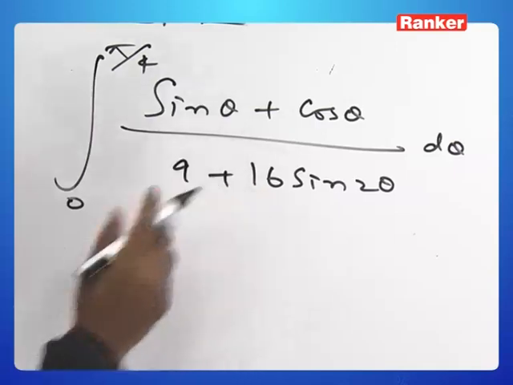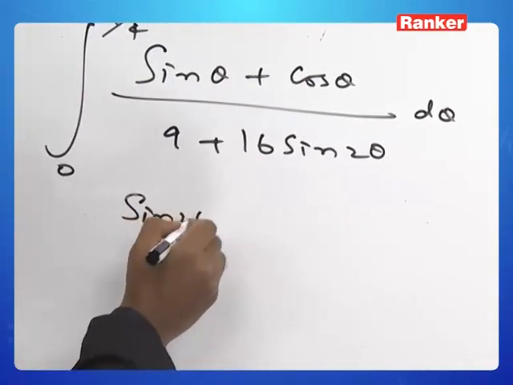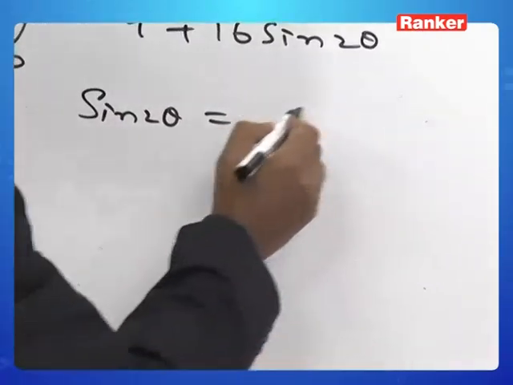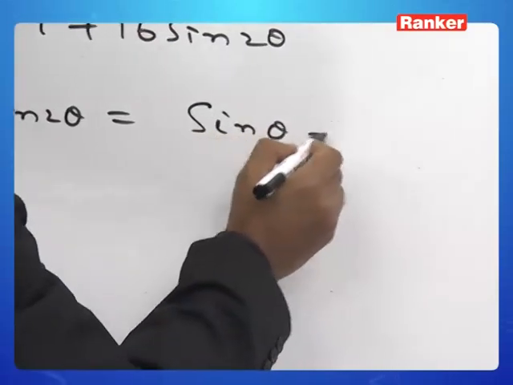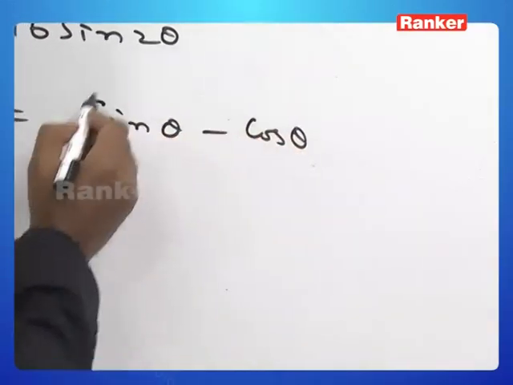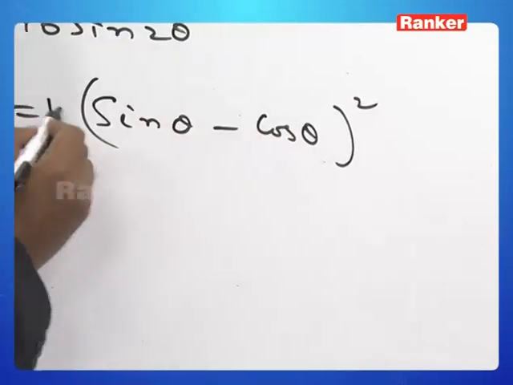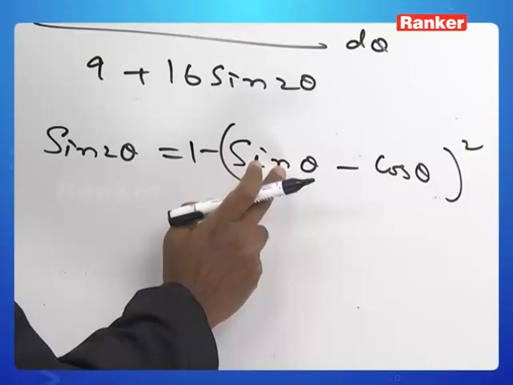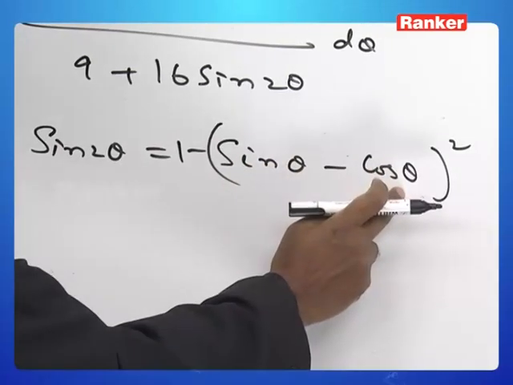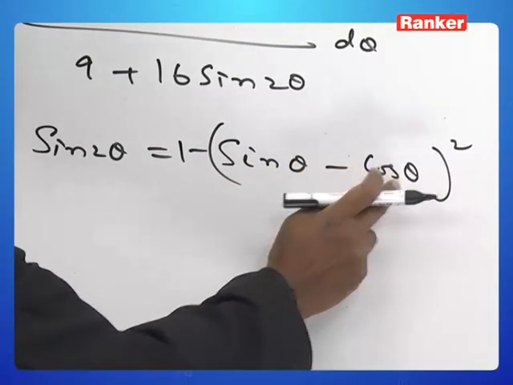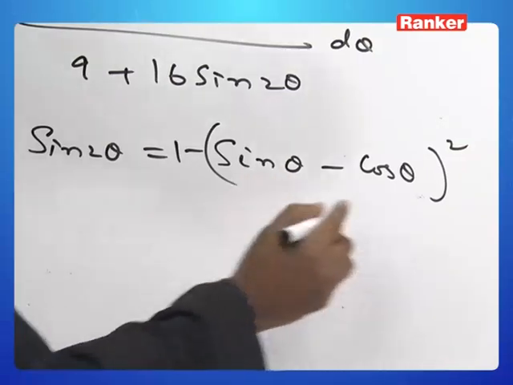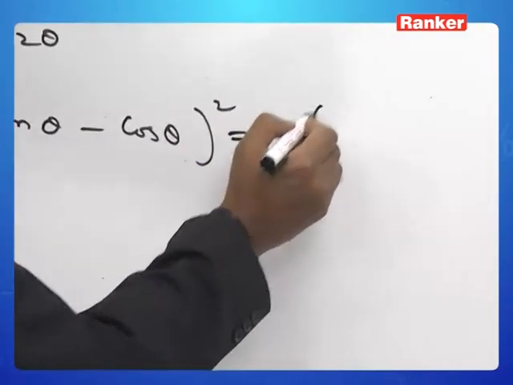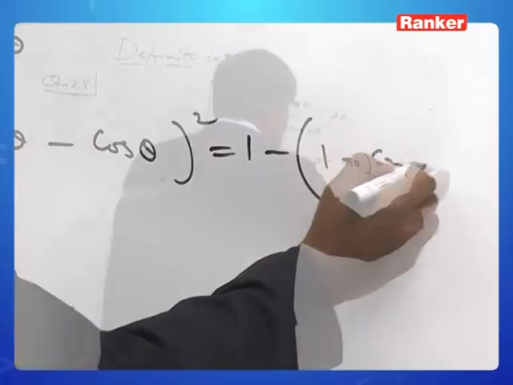Now, if you observe the sin 2 theta, we can write it as 1 minus of sin theta minus cos theta the whole square. Because when you open it up, you get sin square theta plus cos square theta minus 2 sin theta cos theta, that is, this becomes 1 minus of 1 minus sin 2 theta.